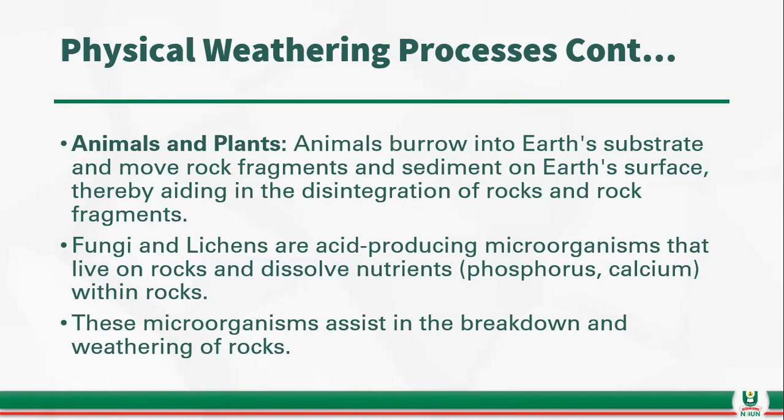When animals burrow into the earth surface and move rock fragments and sediments on the surface, aiding in the disintegration of rocks as well as rock fragments, they are physical weathering. Sometimes they may even say they are biological weathering, but as far as the material that is being disintegrated is not changing in its chemical composition.